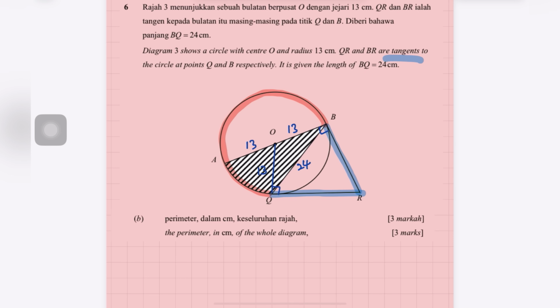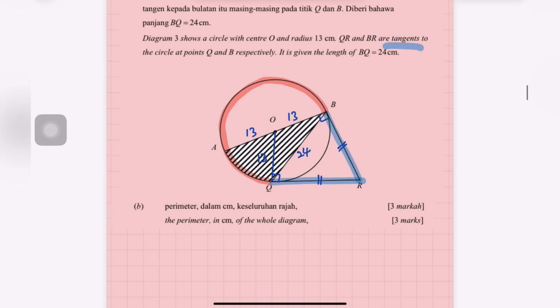Meaning that these are the same. If you look at the diagram they look different, but we cannot follow the diagram, so we must know the properties. First of all we are going to find the length of arc BAQ. So we have to find this angle first.